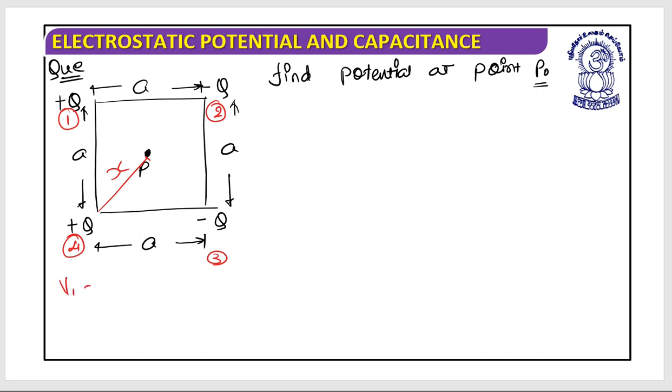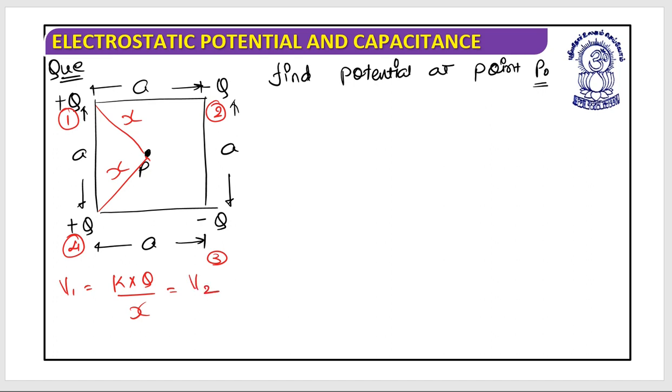So V1 equals k multiplied by q divided by x. All distances are equal, so no need to write it everywhere. V1 is kq by x. V2 would be the same.